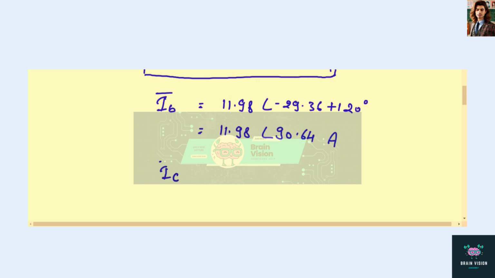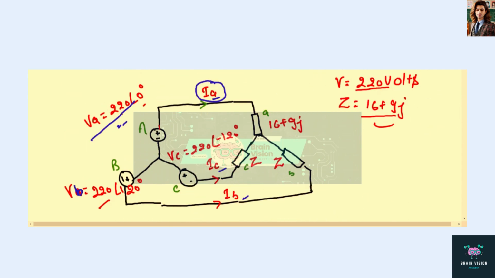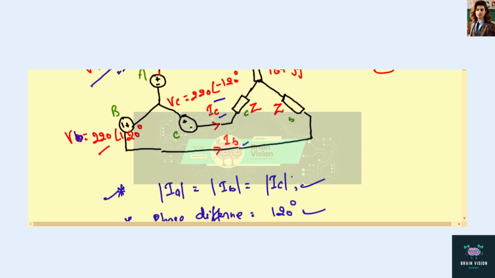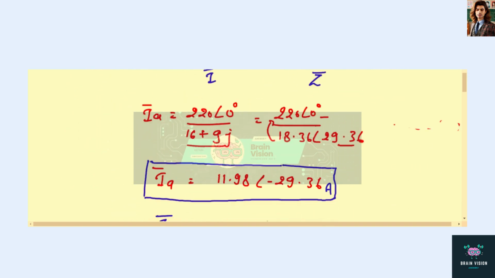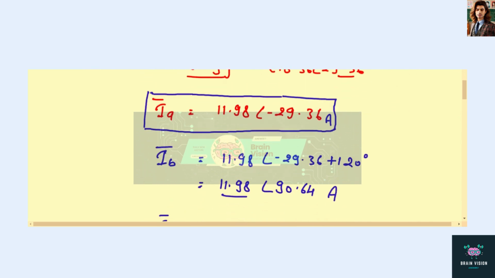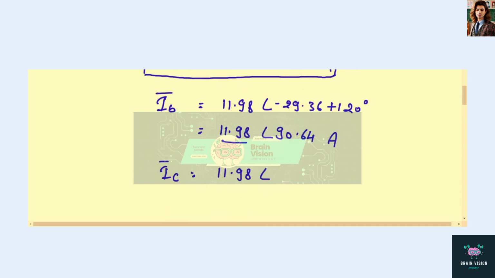Similarly, IC will have the same magnitude, equal to 11.98, and then the angle 120 degrees. As you can see in the circuit itself, IA is leading IC by 120 degrees. So IC will be the angle of IA, minus 29.36, with 120 degrees applied.